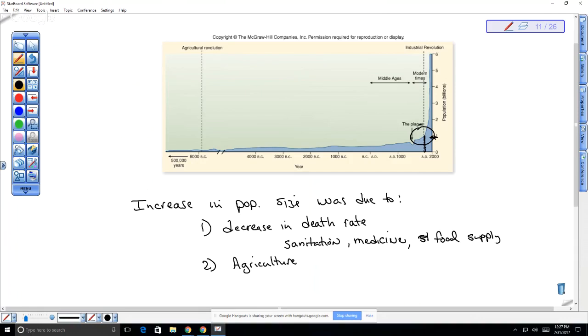Instead of being hunters and gatherers and dependent upon the native trees and plants and animals for our food, we actually started settling down and developing and selecting types of food that would support larger populations. So agriculture, which was about 10,000 years ago, was kind of a big deal in terms of human population rates.